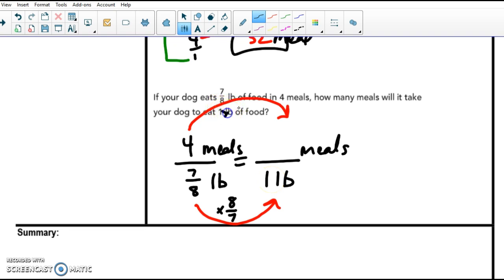So if I do that on the bottom, I have to do that on the top. So I really have 4 times 8/7. 4 times 8 is 32, and 1 times 7 is 7.